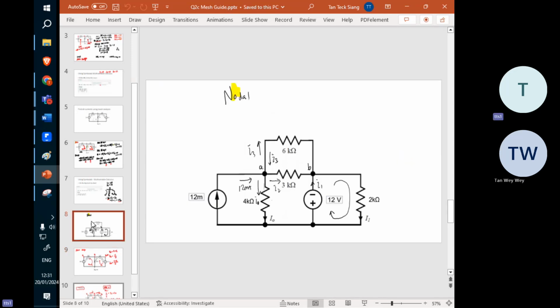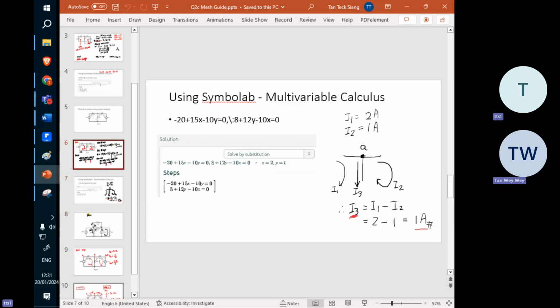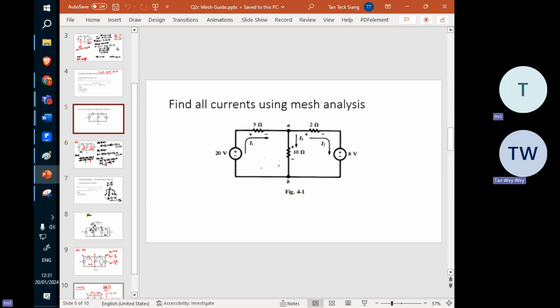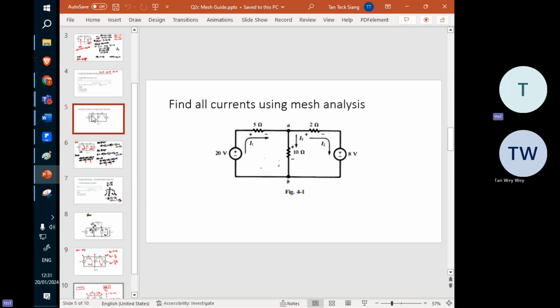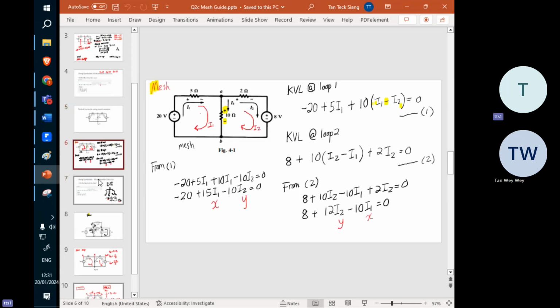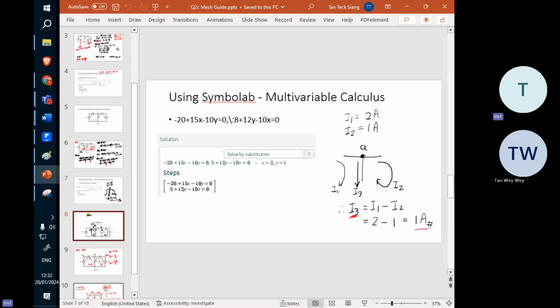If you want me to show you step by step, I will do it next time, but you can try on your own first to solve this question. I give you the answer already: I1 is 2 ampere, I2 is 1 ampere.